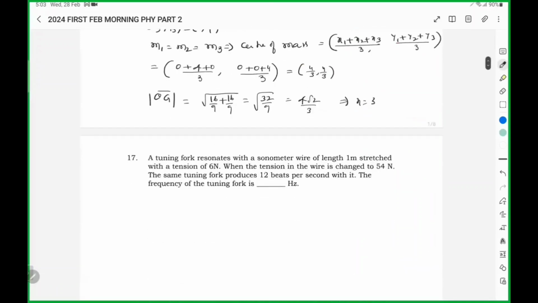Here it is a tuning fork that resonates with a sonometer wire of length 1 meter, stretched with a tension of 6 newtons. When the tension in the wire changes to 54 newtons, a beat frequency results.